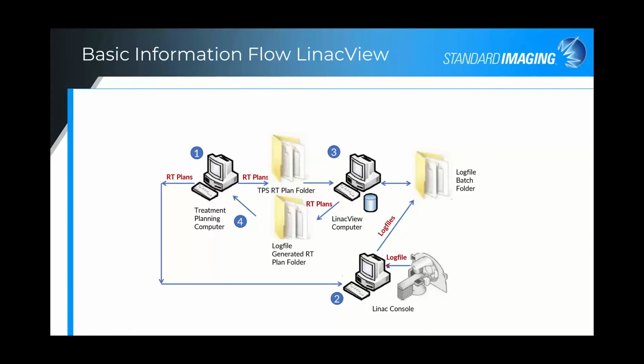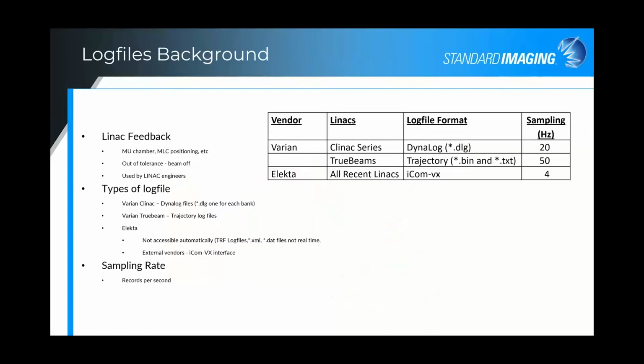So with that, let's further discuss log files. Log files were initially generated as a Linac feedback mechanism, designed right into the Linac. The MU, positioning of each MLC, jaws, gantry, and collimator are all recorded.